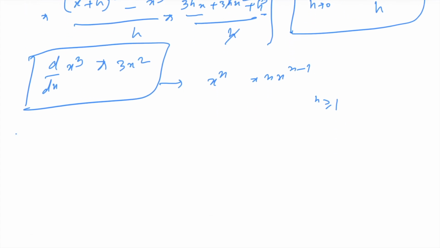Okay, and then we'll solve for other functions. Let's say if we have to solve for root x, then again, I'm not writing the detailed function, but you could write under root of x plus h minus under root x, upon h, right? And then we'll expand this.